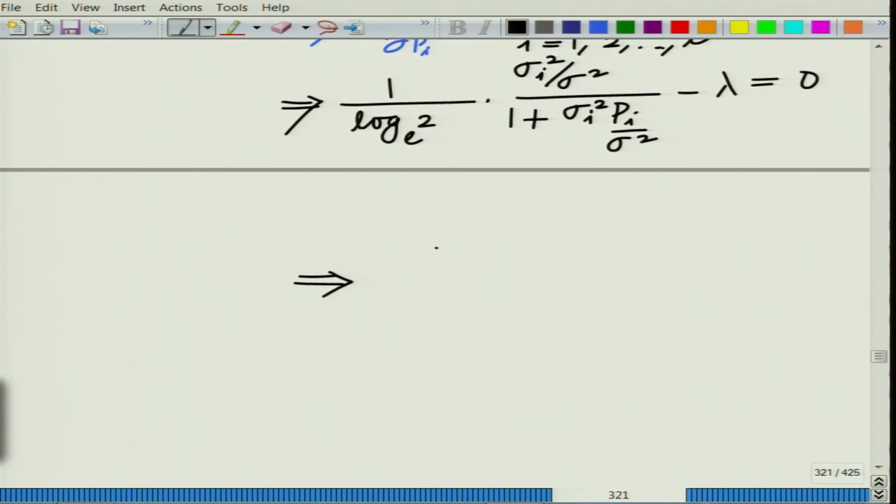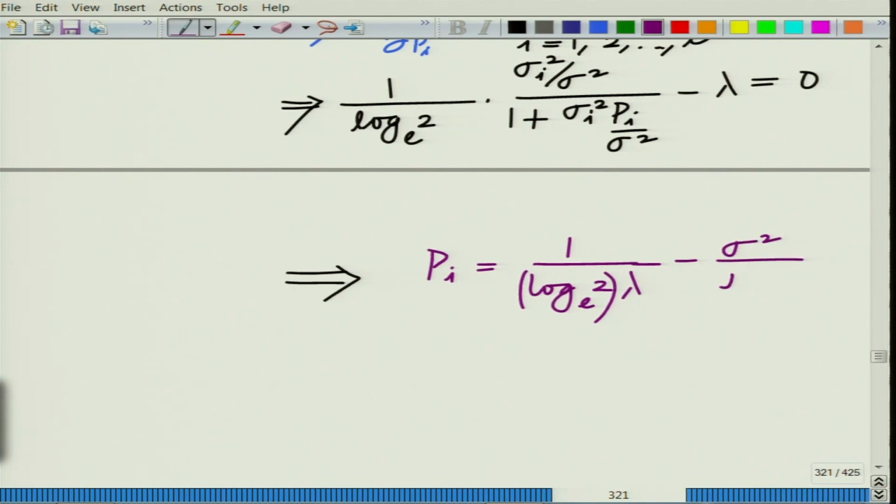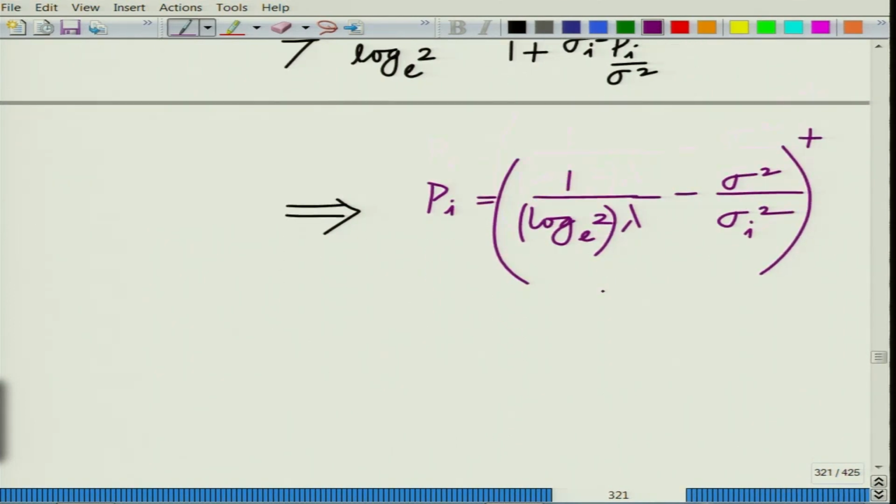This implies basically that, solving for p_i, you will get p_i equal to 1 over log 2 to the base e times lambda minus sigma square over sigma_i square, and here I will introduce this plus because the power has to be non-negative, right.